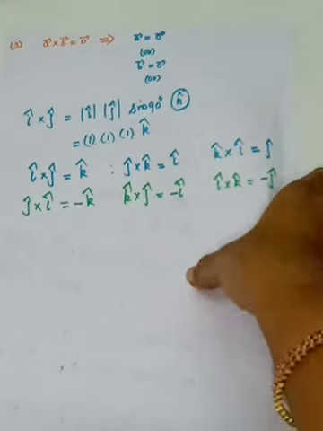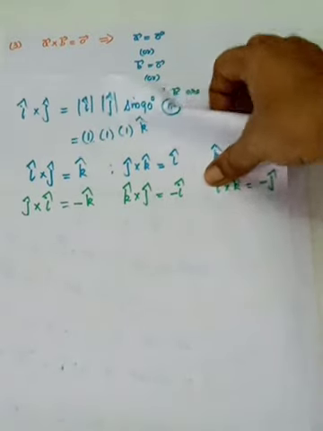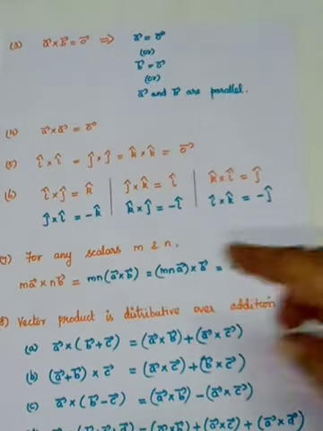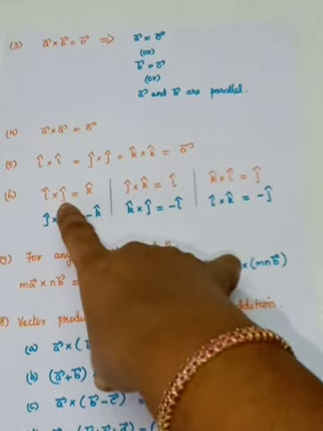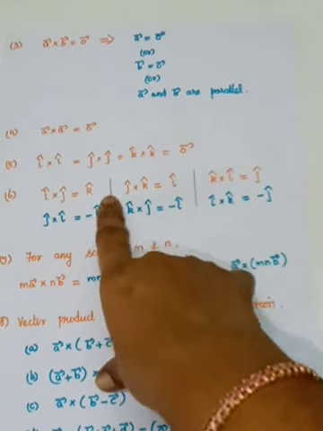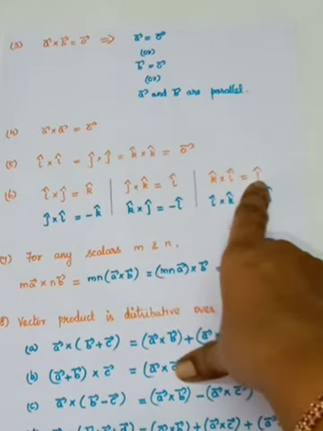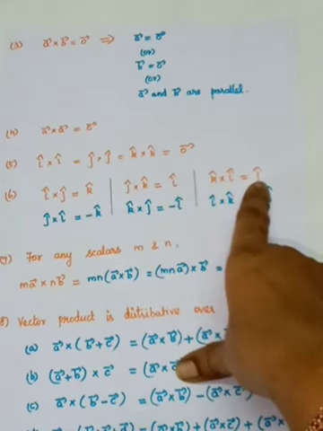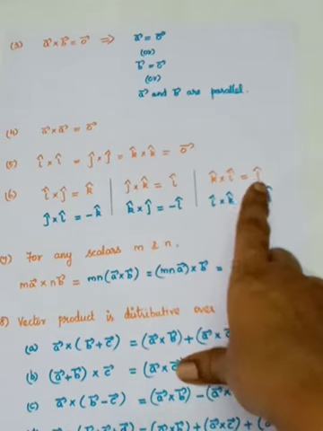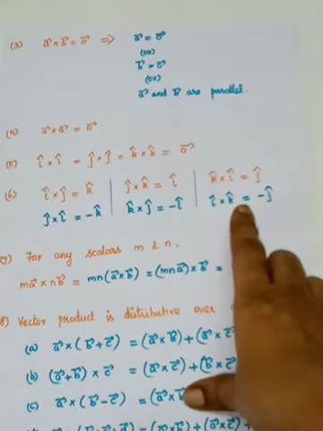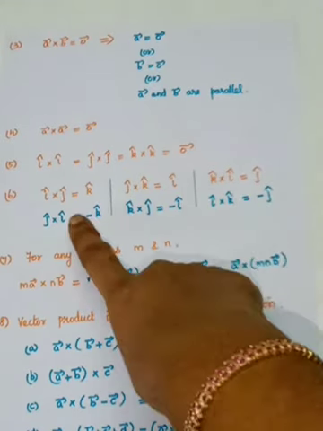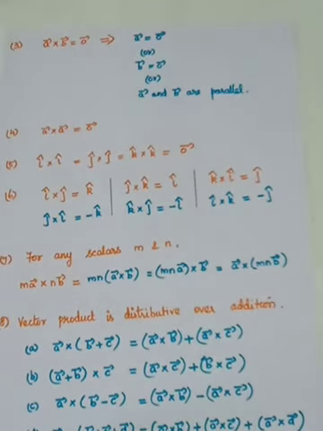Here the property is written. I cross j is k cap, j cross k is I cap, and k cross I is equal to j cap. I, j, k: if it is in the cyclic order, write positive; if the cyclic order has changed, write minus.